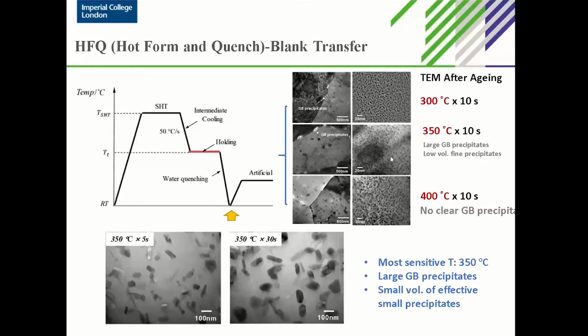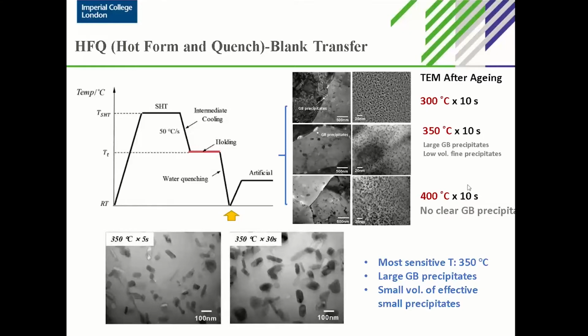So let's look at the microstructures after aging. These TEM images are the microstructures after the artificial aging treatment at 3 different temperatures, 300 degrees C, 350 degrees C, and 400 degrees C, and the soaking time is 10 seconds for all.